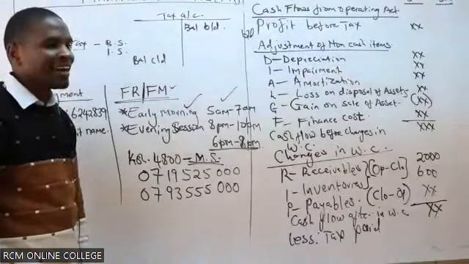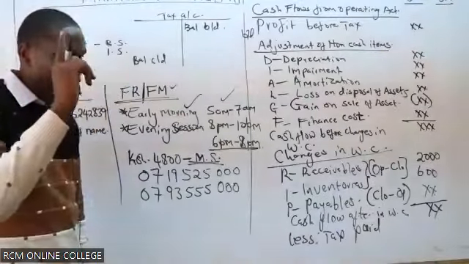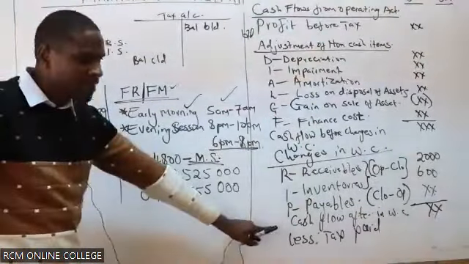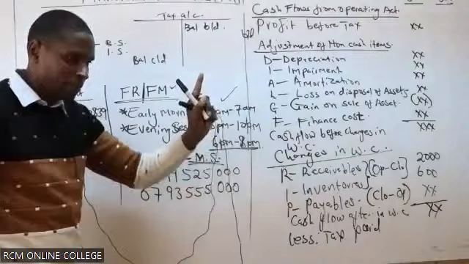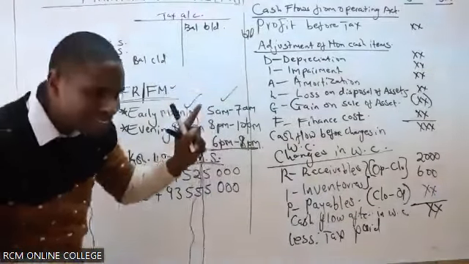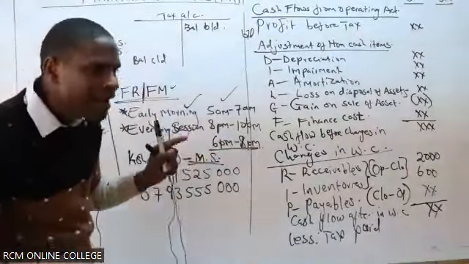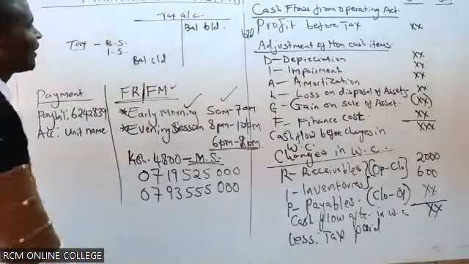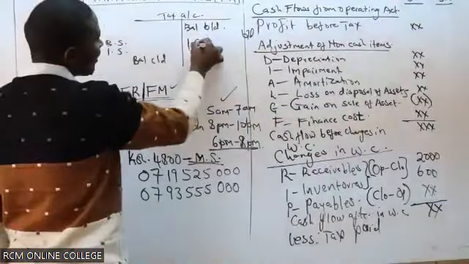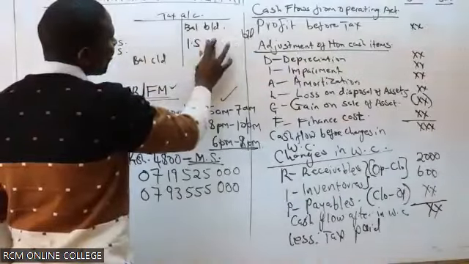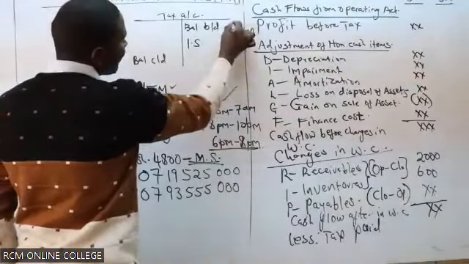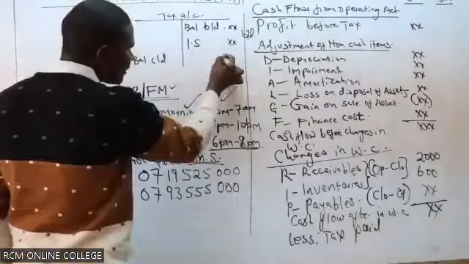Haya, kuna hiyo tax iko kwa, tunataka to identify the actual tax paid hapa. Remember, hiyo yenye iko kwa income statement huwa inakuja hapa automatically. Remember, tax is a liability.